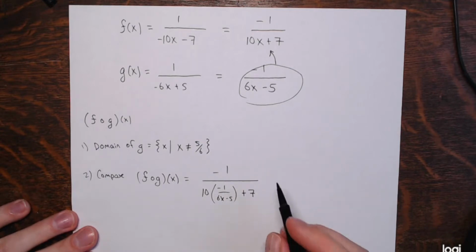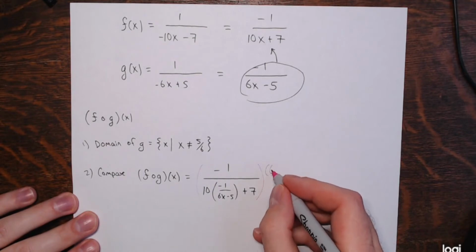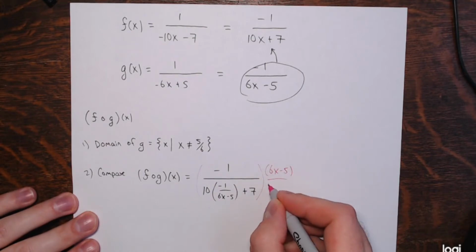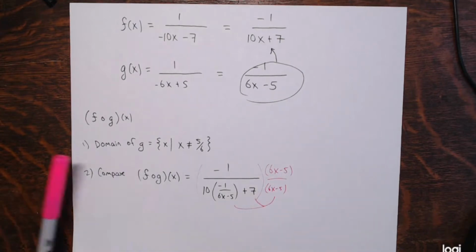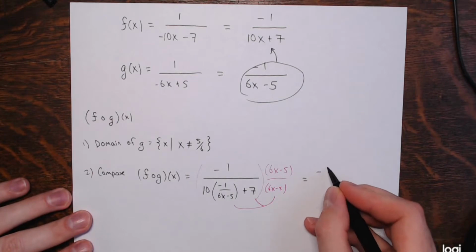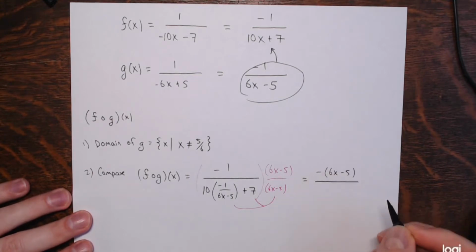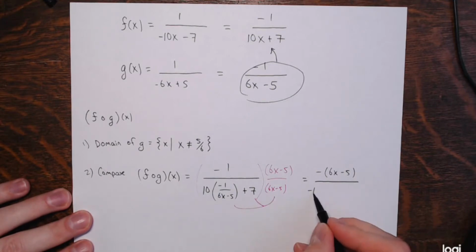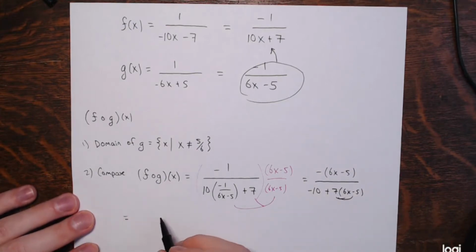And then I simplify a bit. Again, we multiply the top and bottom by the quantity 6x minus 5, and that'll be distributed down here. So we have a negative, I'll just keep the quantity 6x minus 5. Then down here we'd have negative 10 plus 7 times 6x minus 5, and then distributing the 7 and combining like terms, I might as well distribute the negative up here.